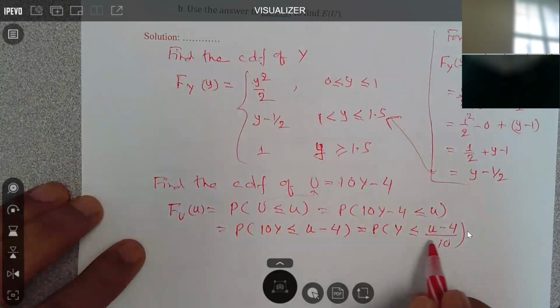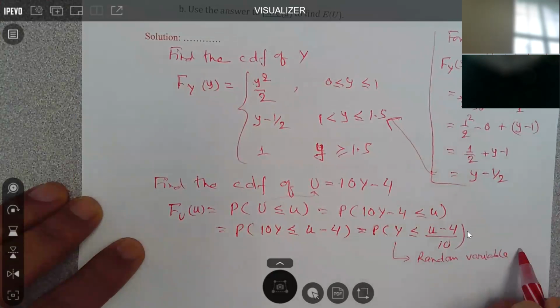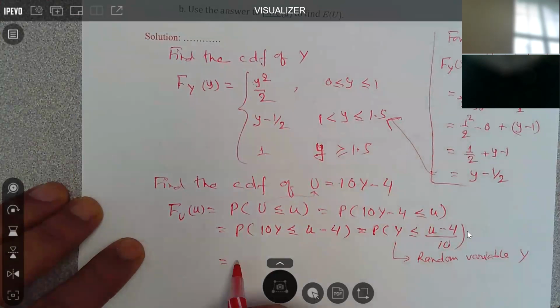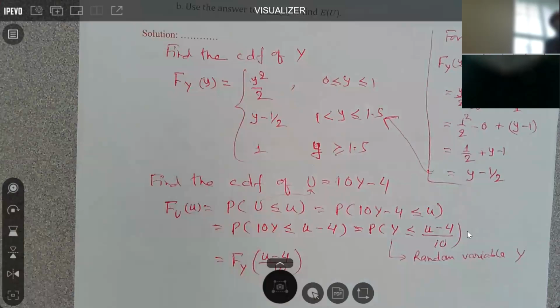Now this is the definition for the random variable Y, right? Yes. So this is equal to F_Y of (u minus 4) over 10, right?